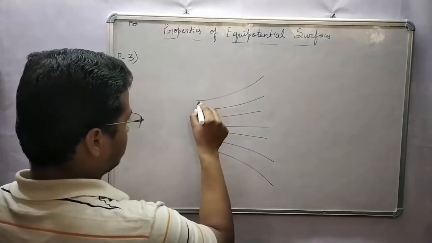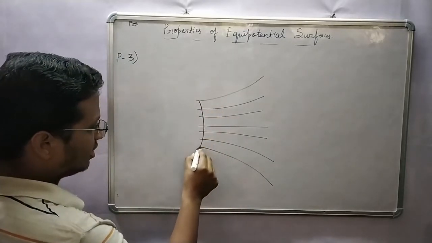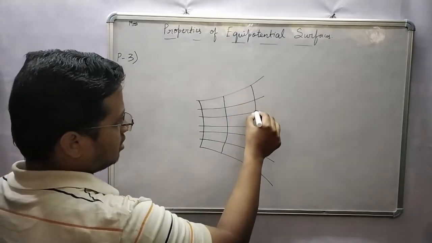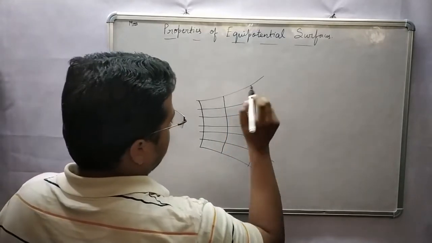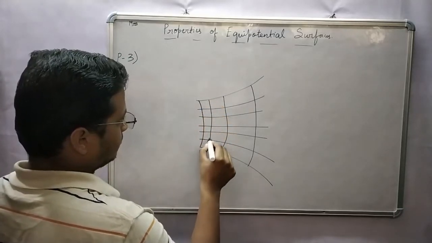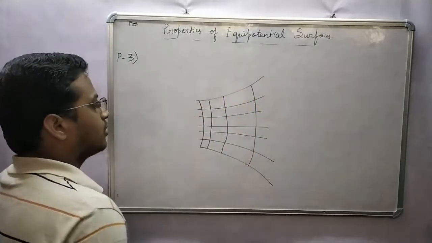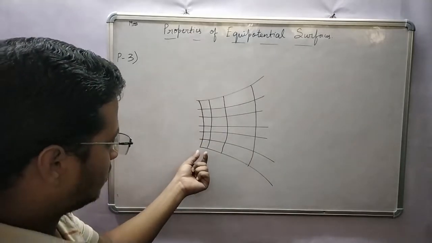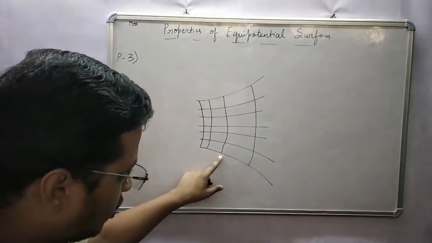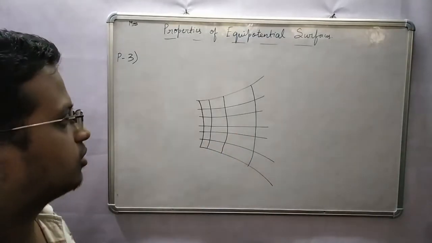Now in this case, equipotential surfaces are a bit curved in nature. Now this is an equipotential surface, this is another equipotential surface, this is one more equipotential surface, and so on.